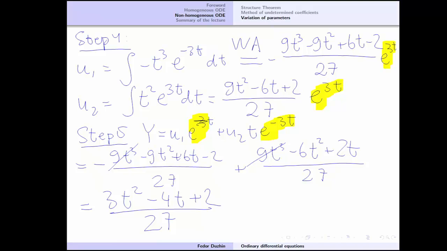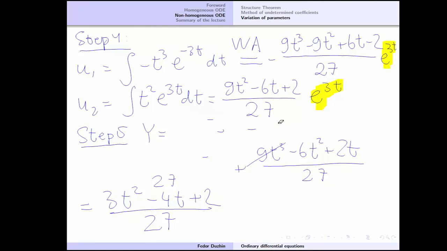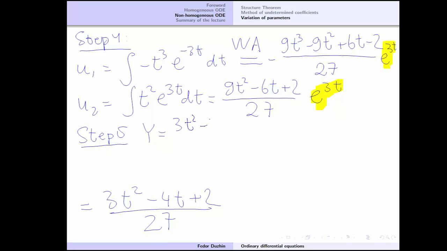Alright, so let me erase this. So recall that this is a particular solution of the non-homogeneous equation. So basically we are almost there. The particular solution of the non-homogeneous equation is 3t squared minus 4t plus 2 over 27.